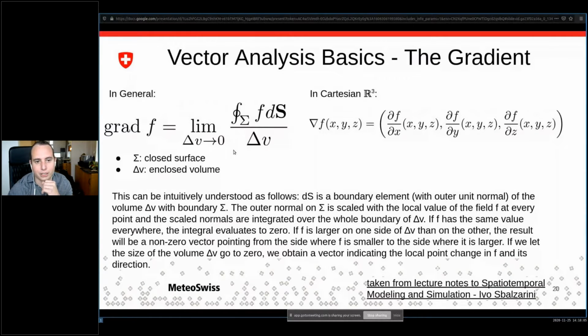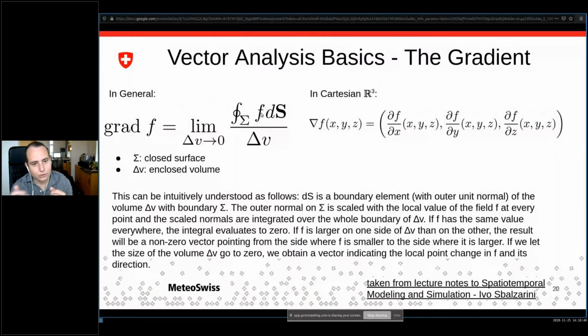So here we would have a volume with a surface, and we have a scalar field f. And what we are doing due to this surface integral, we are walking around that volume, and at each point we are scaling the outside unit normal by the scalar field f. So what would happen if that scalar field f is bigger on the right-hand side of this small volume than on the left-hand side?